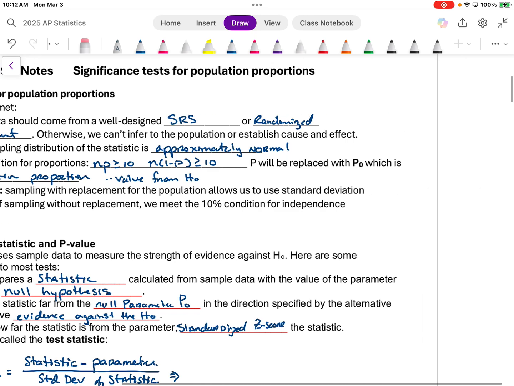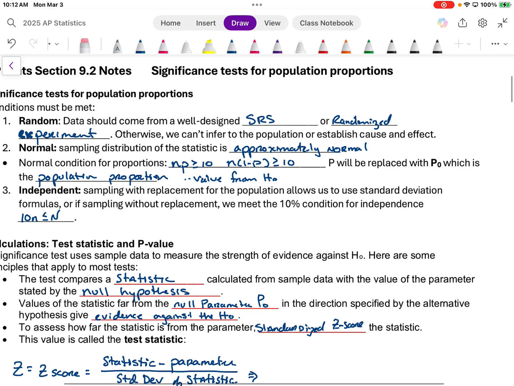Now where does that p sub 0 come from? That's the same percentage that we use in the null hypothesis. So whatever proportion we're comparing it to for the population in the null hypothesis, that's the one we use for this np greater than or equal to 10 and so forth.